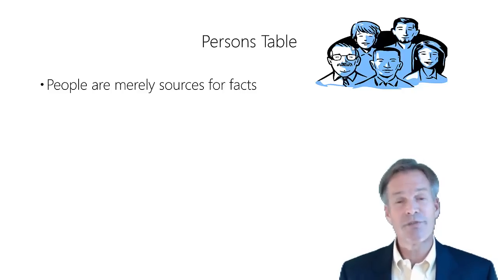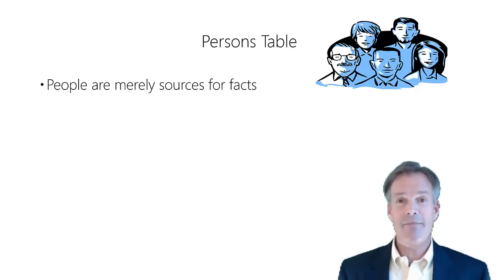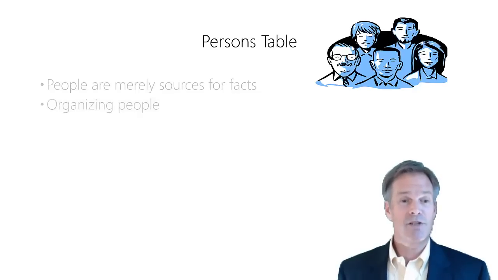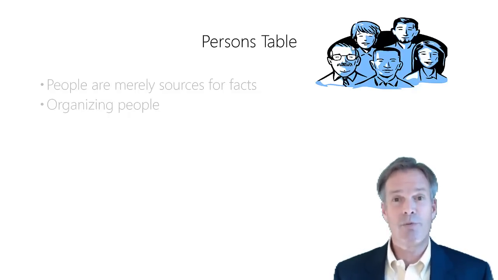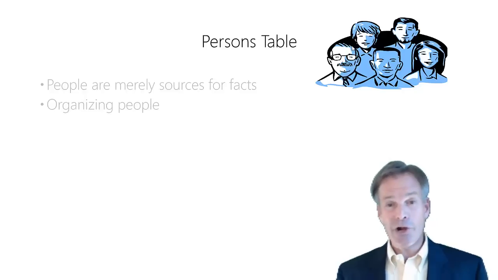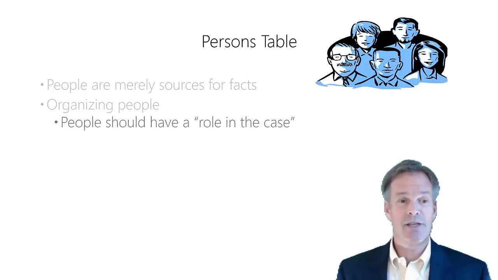She is a source for that fact. Keeping that in mind, her name needs to be on the persons table because she is a person with a fact relevant to the case. So how do you organize her and other like people with some connection to a case?